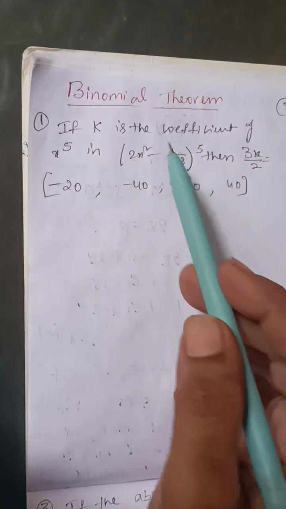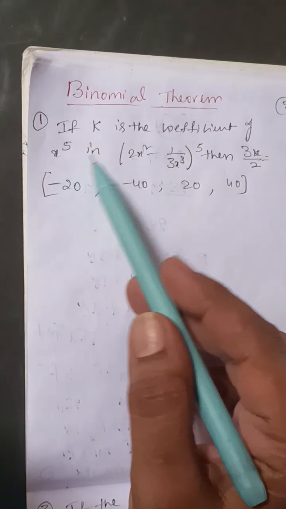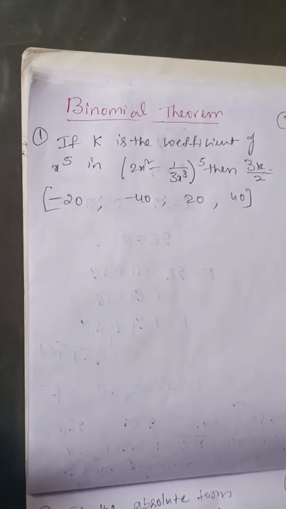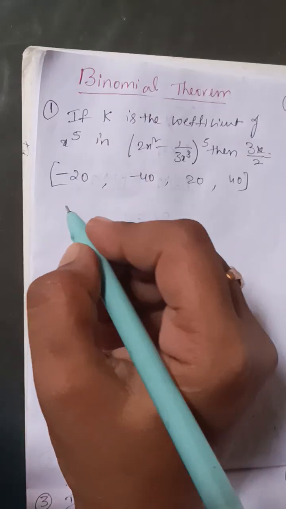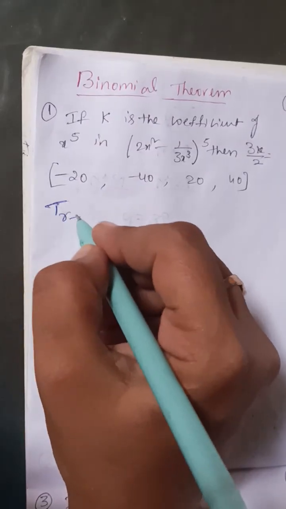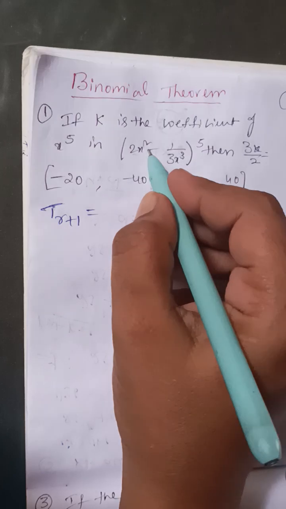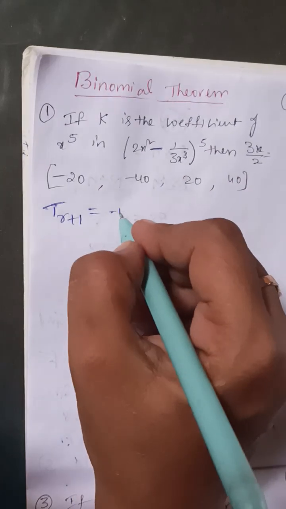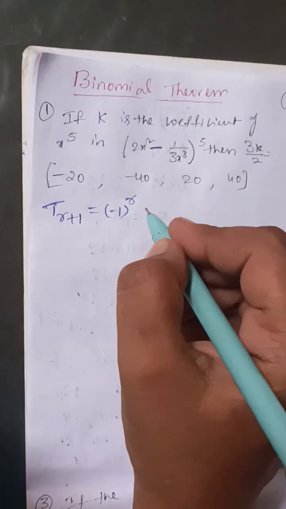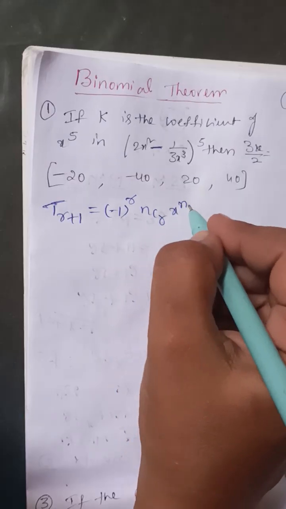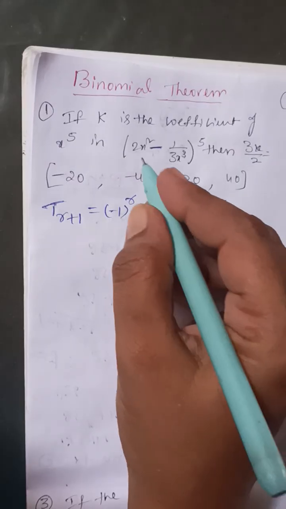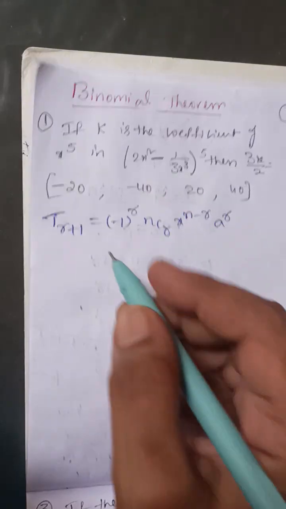So to find the coefficient of x power 5, how to take the general term. The general term is tr plus 1 equal to, here minus is there, so start with minus 1 whole power r, ncr x power n minus r a power r. X is the first term and a is the second term.